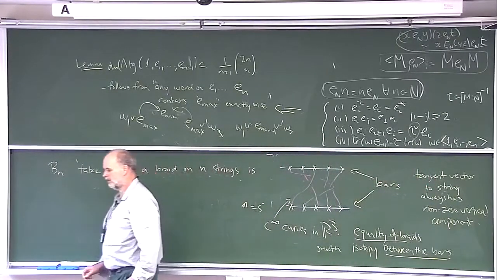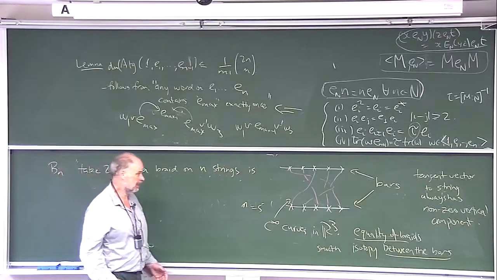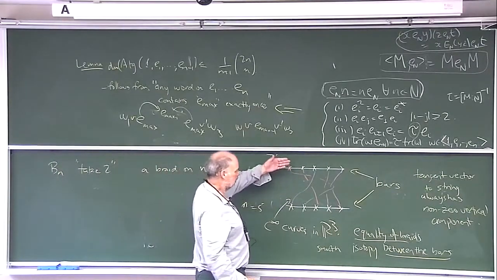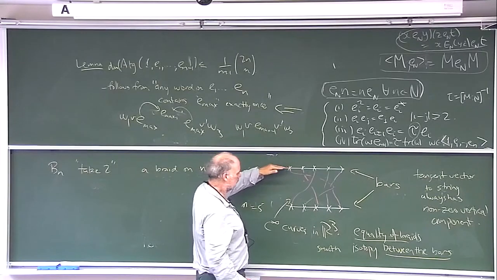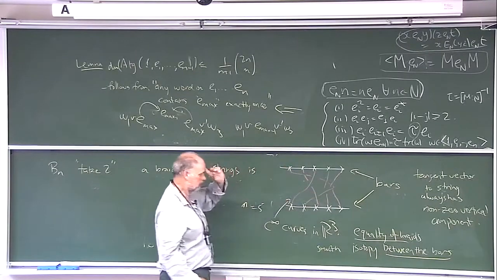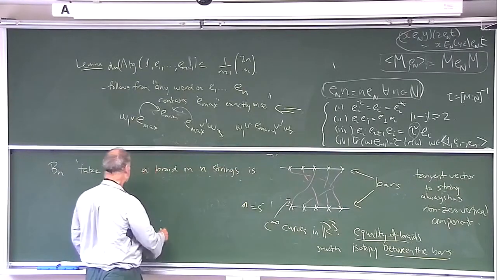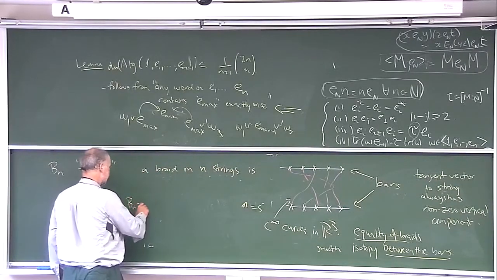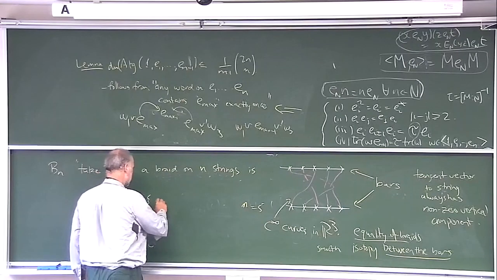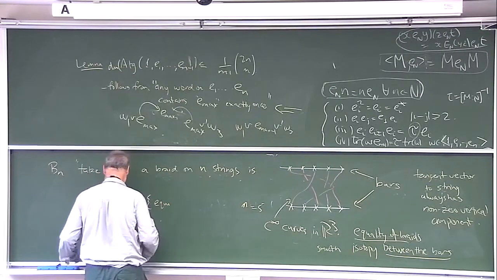So there we have a mathematical set of equivalence classes of systems of curves, the bars and the smooth curves joining the bars top to bottom. Bn is the set of isotopy equivalence classes.